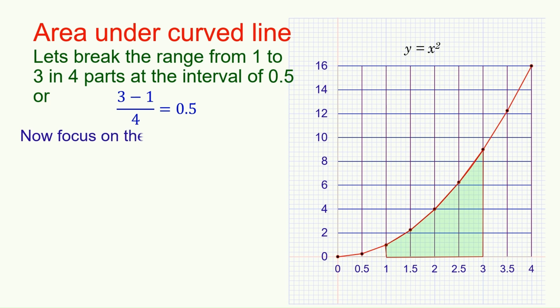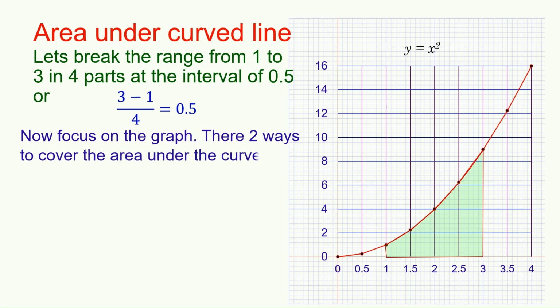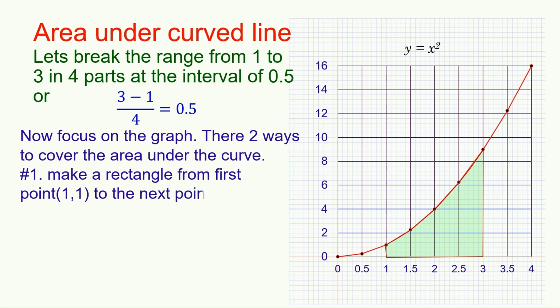Now focus on the graph. There are 2 ways to cover the area under the curve. Number 1. Make a rectangle from the first point (1, 1) to the next point (1.5, 2.25), and then the next 3 rectangles.